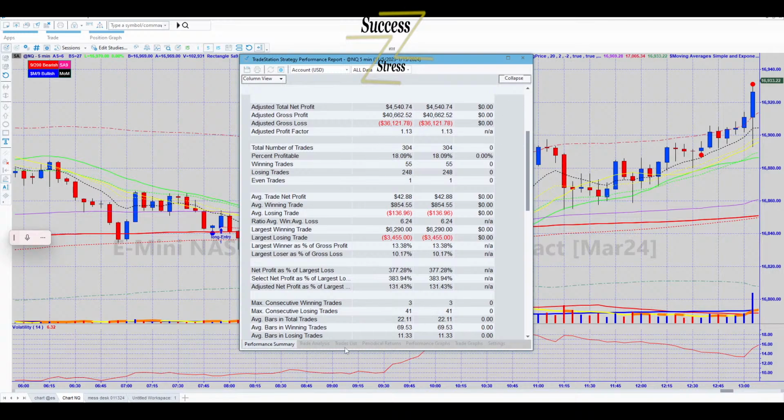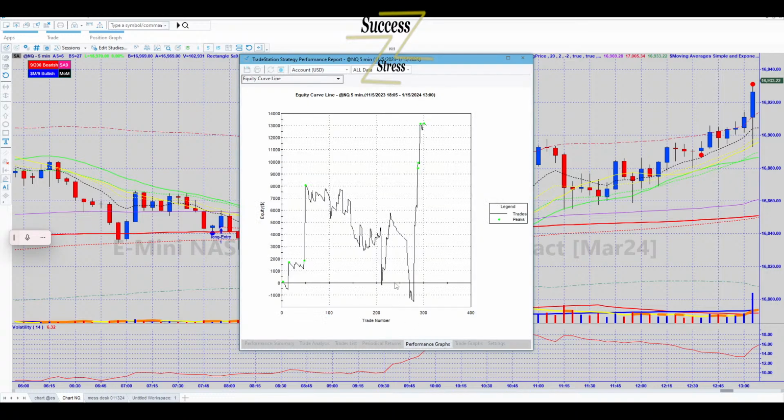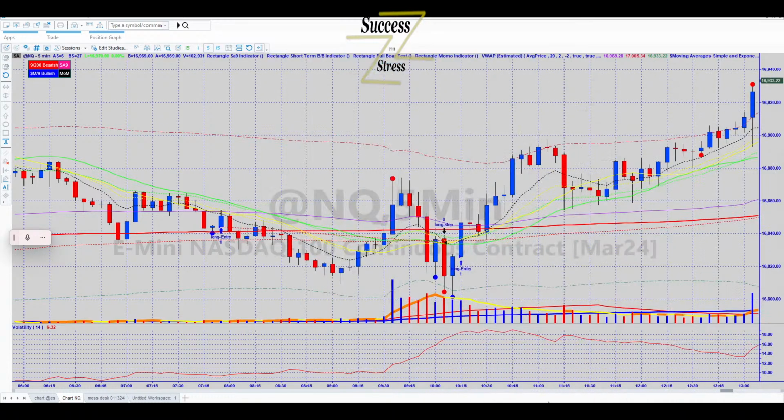So net profit is now 4,000. Well, I think it was 3,000 before, right? It was 3,000 before. And I mean, that looks worse. That's a huge drawdown there. Probably the short entries prevented you from getting into all those longs, but I still think those short entries were not great.